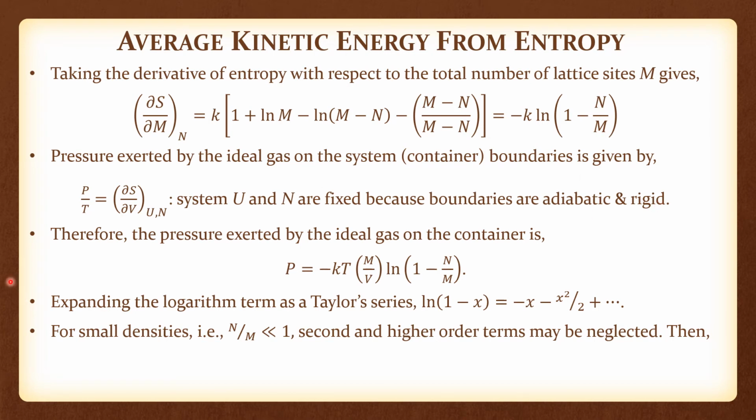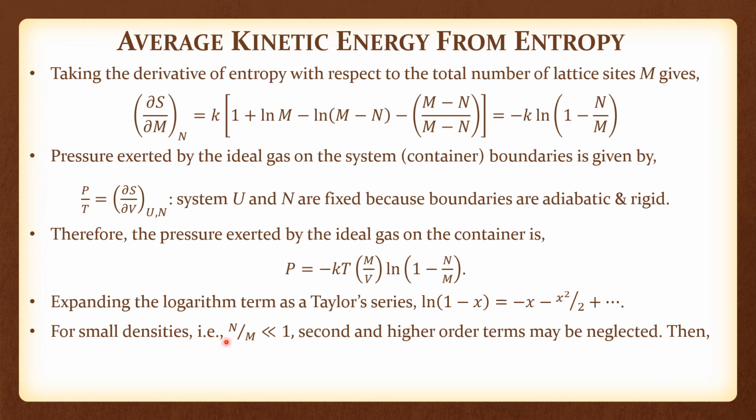If you consider the light colored central region to be the container and the dark colored boundaries to be the container boundaries, then we assumed a very negligible number of collisions between molecules when a molecule travels from one collision with one boundary to another collision with the other boundary of the container. That implies that the number of molecules is much smaller than the number of lattice sites inside the container.